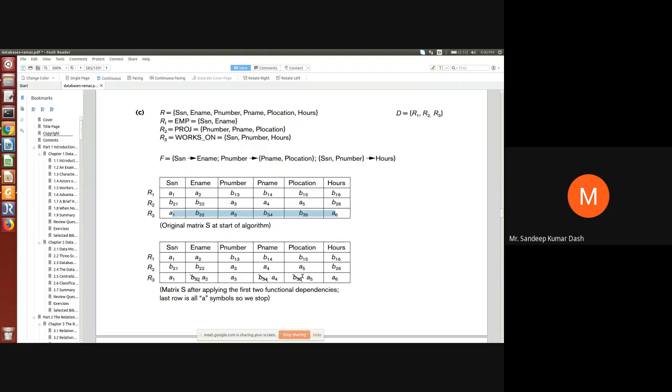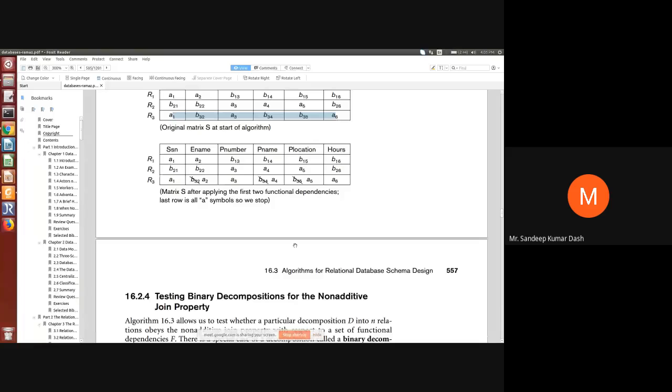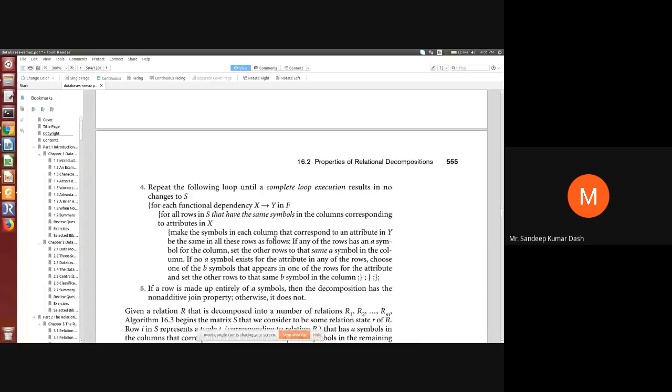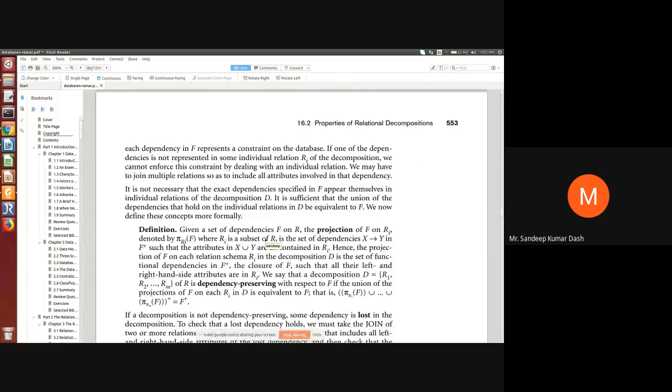That means R is properly divided into R1, R2, R3. When you apply natural join on all these three, you will get your R back. Fine. So this was the non-additive join property. Now come to project join normal form.